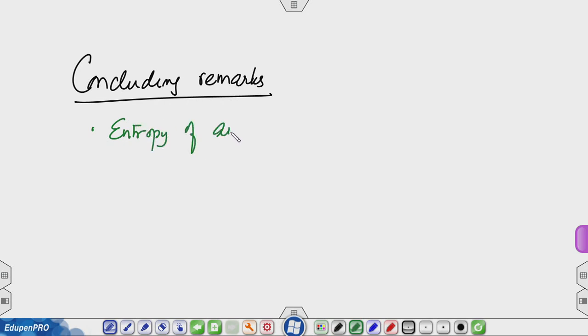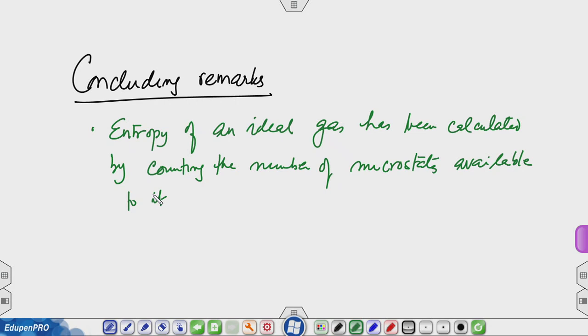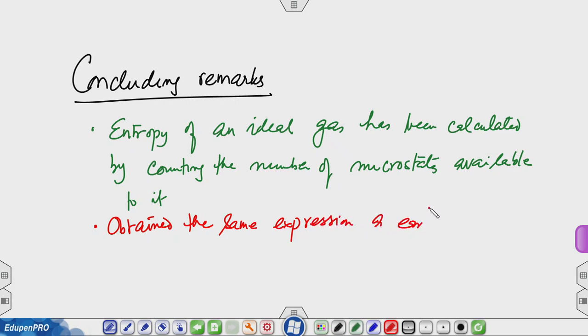Entropy of an ideal gas has been calculated by counting the number of microstates available to it, and we obtained the same expression as earlier.